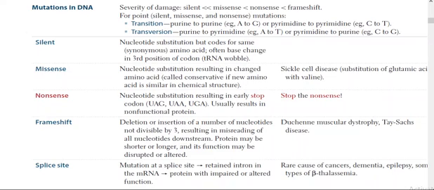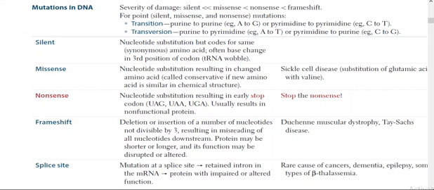Here the amino acid is changed to another amino acid, and the chemical property of the amino acids also matters. If the amino acid is changed to an amino acid which has different chemical structure and chemical nature, it will alter the structure of the protein as well as the function of the protein.